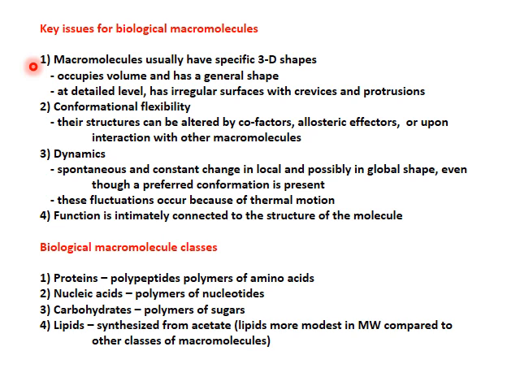They occupy a given volume, and they have irregular surfaces with crevices and protrusions that allow for biomolecular recognition, interaction between two macromolecules, which is very important in signal transduction and allosteric regulation of enzymes. And we'll be talking about those in other topics.